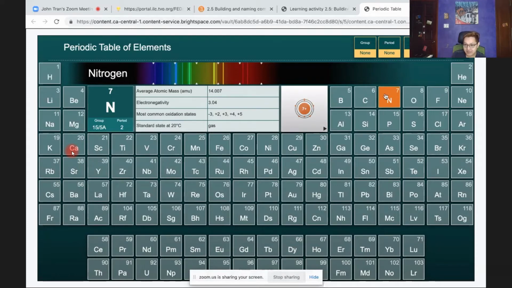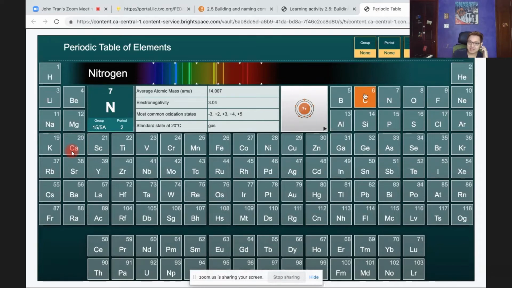It's group 5A, which means there are 5 electrons in the outermost shell of nitrogen. That's why I asked, is it easier to gain 3 more electrons or to lose 5 electrons? Of course, gaining 3 is easier than losing 5. So nitrogen has a tendency to become a nitrogen anion, N3 minus.